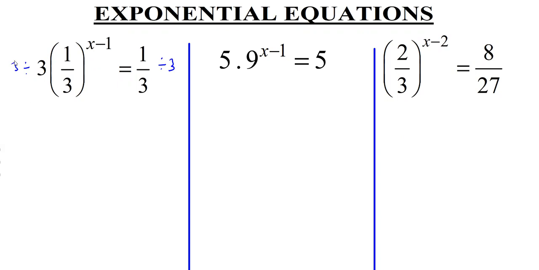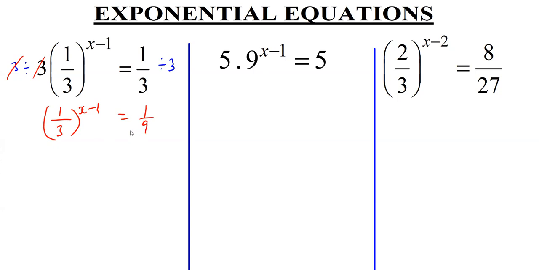Then if we divide by 3, this one is going to cancel the 3. Then what are we going to be having here? We're going to be having 1 over 9. So here it's going to be 1 over 3 to the power x minus 1 equal to 1 over 9.